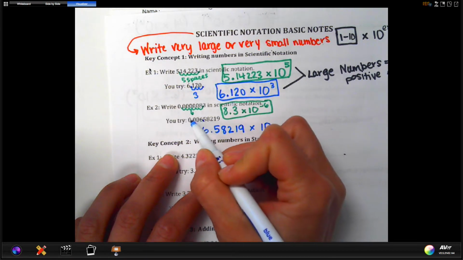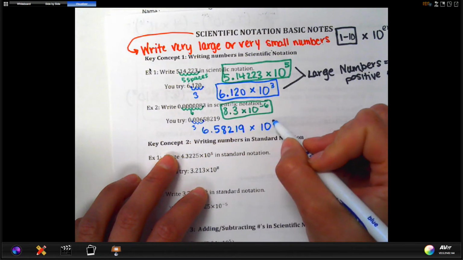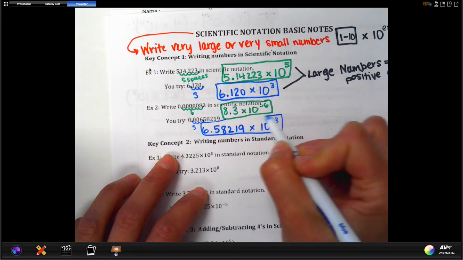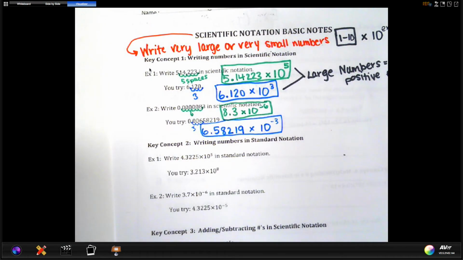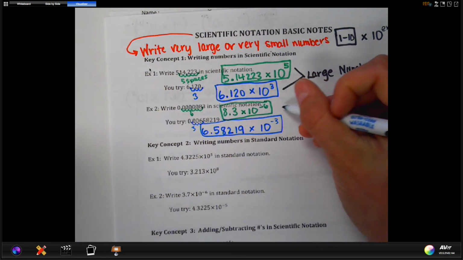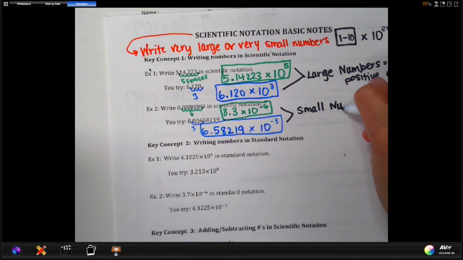It started here, so it only moved 1, 2, 3 spaces this time, and it's a small number, so we use a -3. And so that's how you do the really small numbers. So notice that these really small numbers have negative exponents. All right, and it's not negative numbers, it's negative exponents. They make really small numbers.